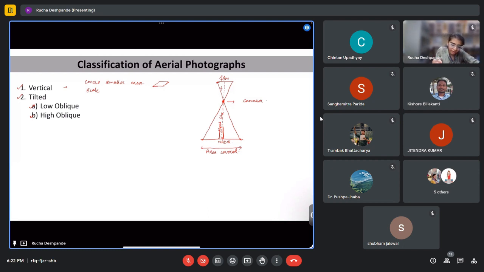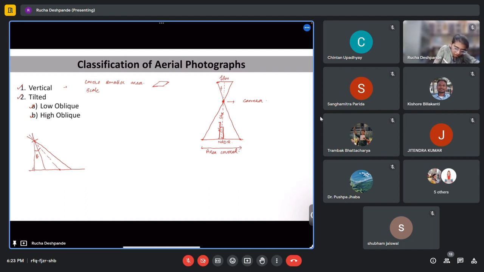Second, we have tilted photographs, in which first we'll look at low oblique. This is the optic axis of the camera.